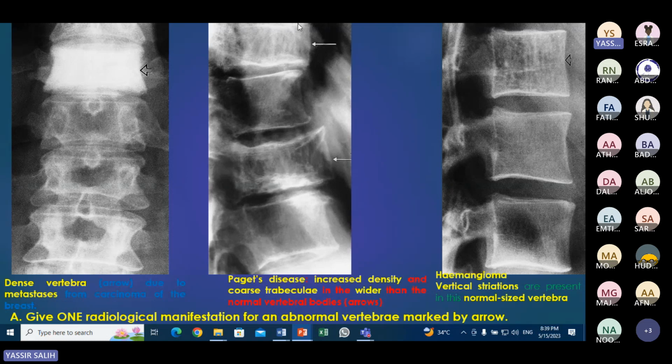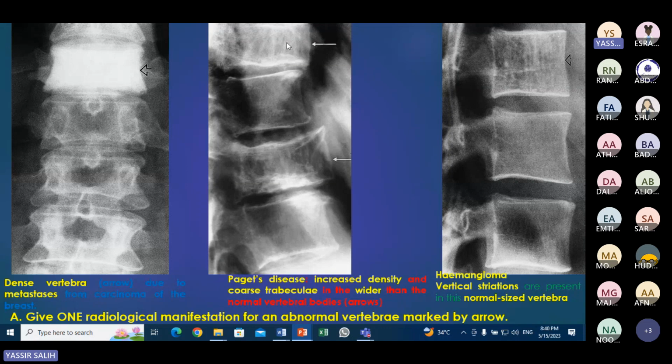Okay, for this one we may not give you the history, but we ask: give one radiological manifestation of the vertebra marked by the arrows. Of course you can mention increased density, but there is something other than increased density: enlarged. Notice this vertebral body is enlarged compared to the other, enlarged with a trabeculation pattern that is thick and irregular.